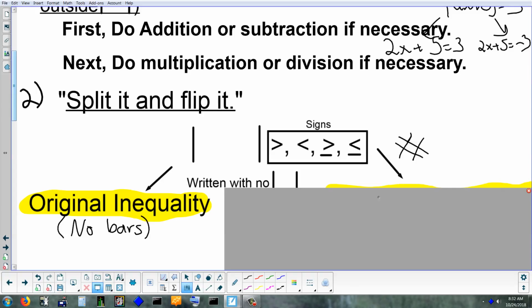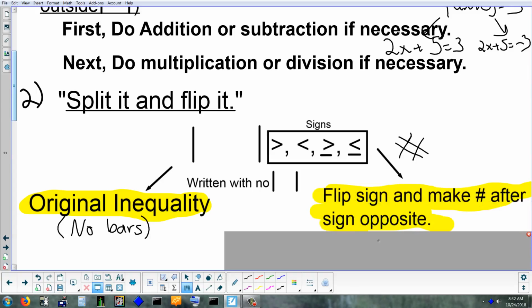So what's different from the equations we did a couple weeks ago to the inequalities we're doing now is that we have to flip the sign. Whatever sign was in the original inequality, you have to flip it, and then the number after the sign, just like with the equations, you make the opposite.